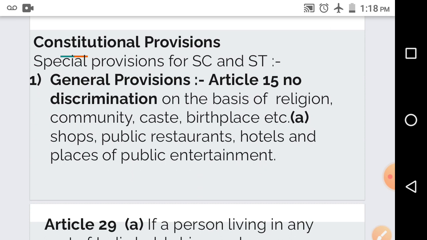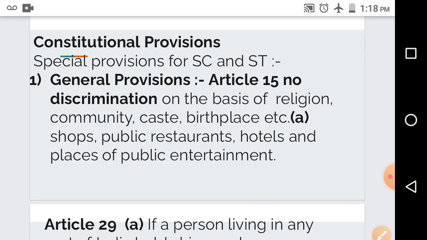For example, A. Shops, public restaurants, hotels, and places of public entertainment: no condition can be imposed on these people to enter these public places.